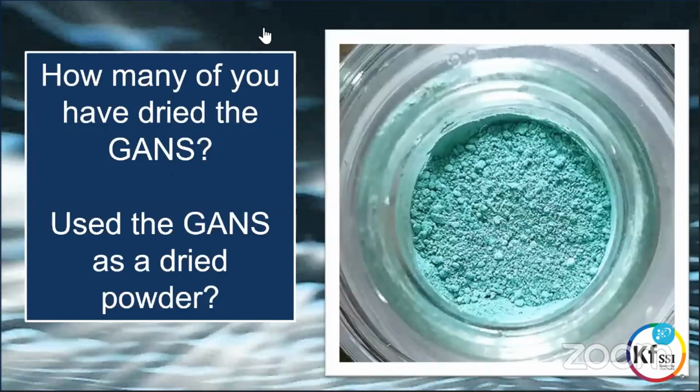Okay, so when you dry it, you've got to understand that you are taking your GaNs out of that environment of the water, and you are now placing it in the environment of Earth, which has a different magnetic gravitational field strength. So now we end up with the dried GaNs.